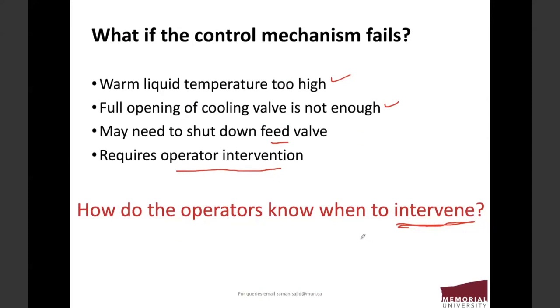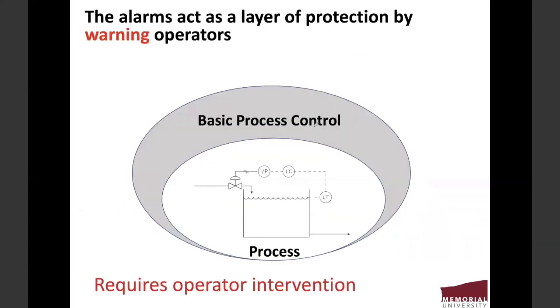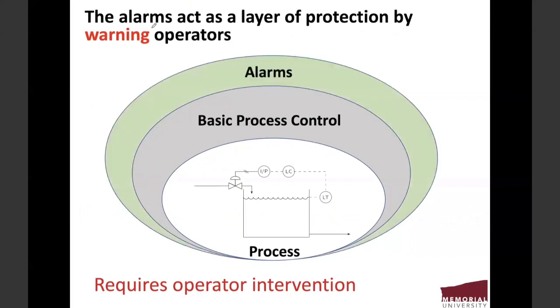This is where we introduce our alert system, or the alarm system, which acts as our next layer of protection, and it alerts the operator by warning that the system is going out of control.